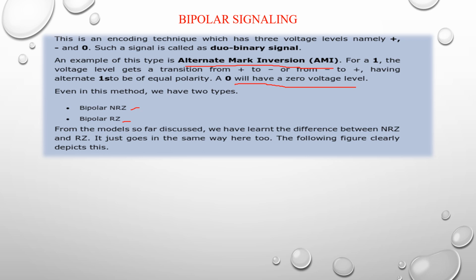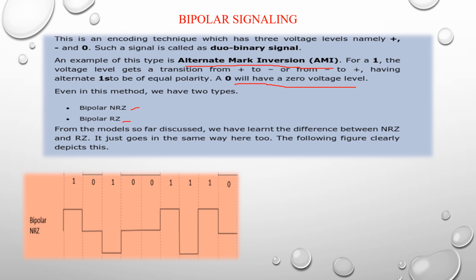In non-return to 0, the voltage level is positive or negative for the total bit duration. In return to 0, half of the bit duration is the higher or lower voltage level and the other half is return to 0. It goes in the same way here too. The following figure clearly depicts this.